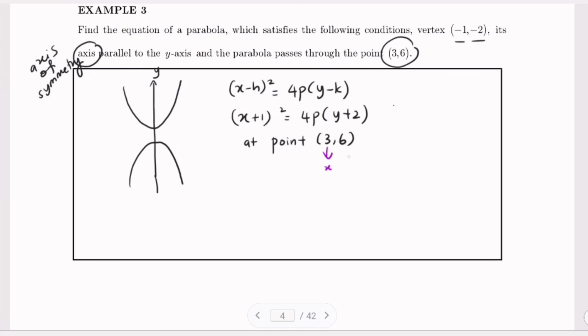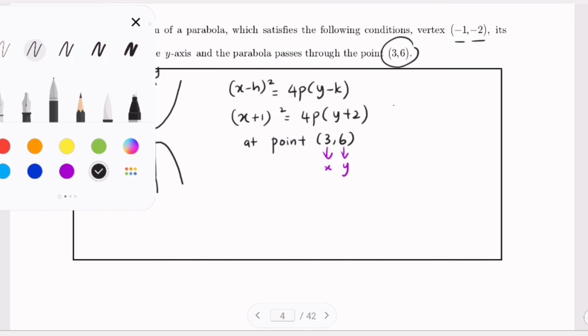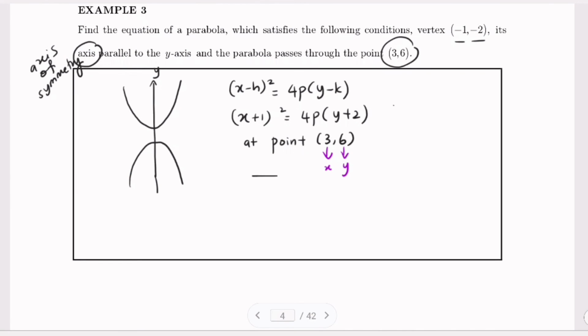So 3 is the value of x and 6 is the value of y. So that will be (3 plus 1) squared equals 4p(6 plus 2). So 16 equals 4p times 8. So 16 equals 32p. So your p will be 1 over 2.